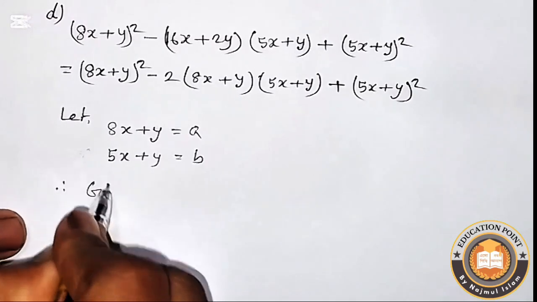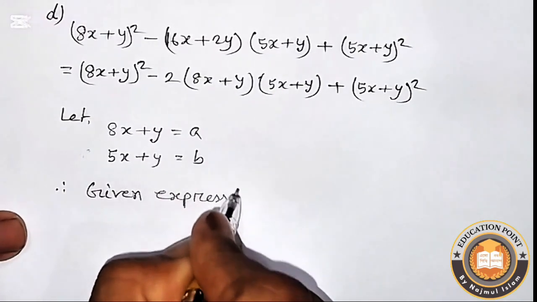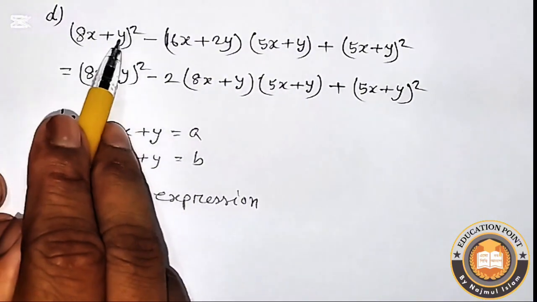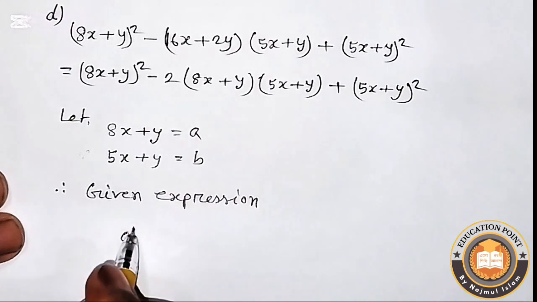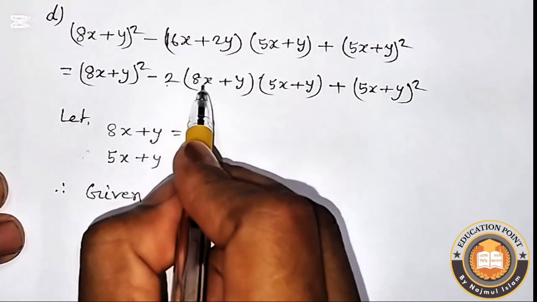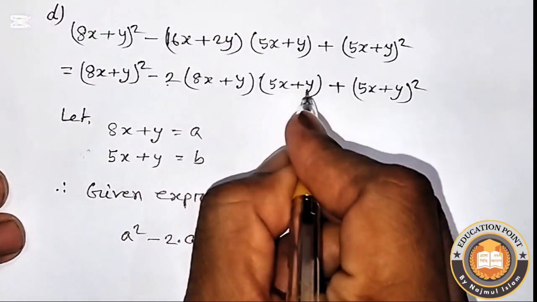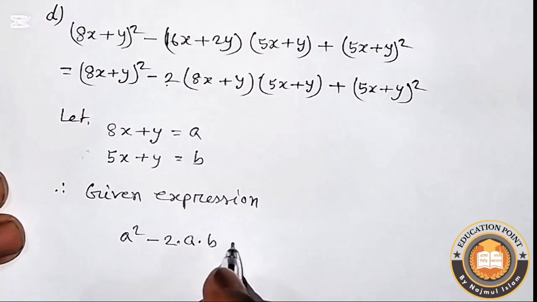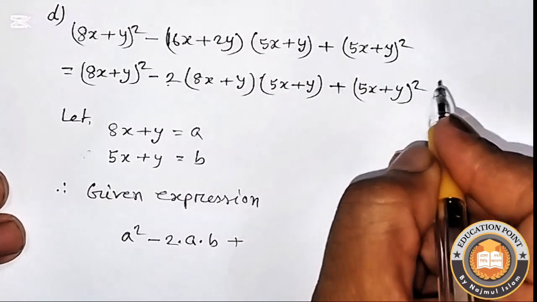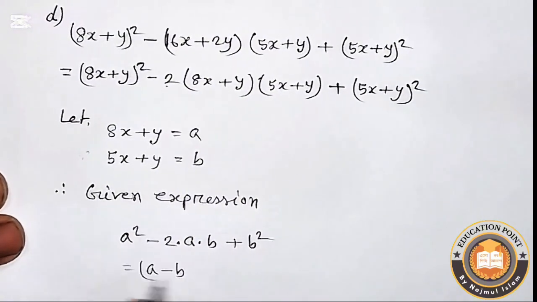So given expression, (8x plus y) consider as A, that means A square, minus 2 into 8x plus y consider as A, 5x plus y consider as B, plus 5x plus y consider as B, that means B square. This is the formula of (A minus B) whole square.